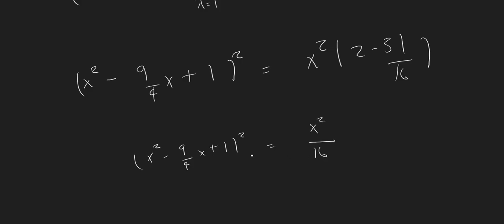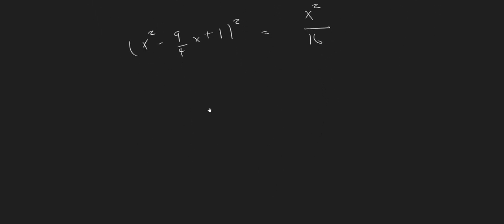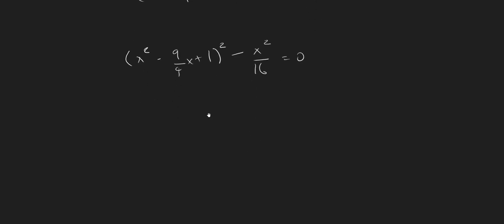Now we're going to use the difference of squares to factor this. And we get x squared minus 9 over 4 x plus 1 squared minus x squared over 16 equals 0. Now we're going to actually get into the form of the difference of squares. So x squared minus 9 over 4 x plus 1, minus x over 4, squared equals 0.